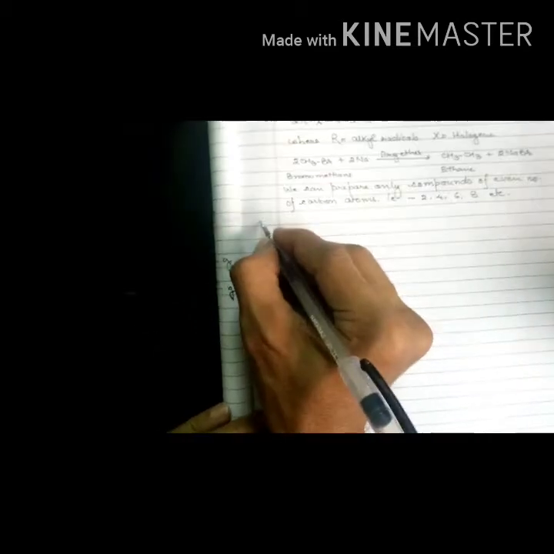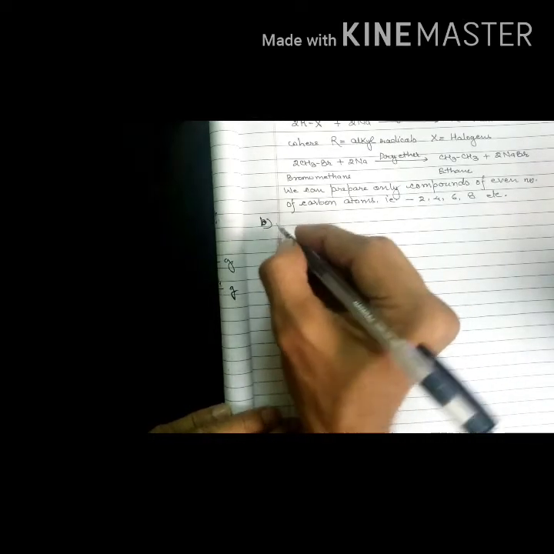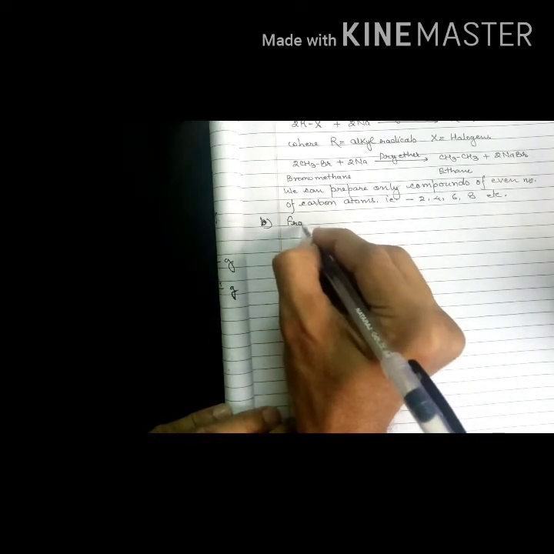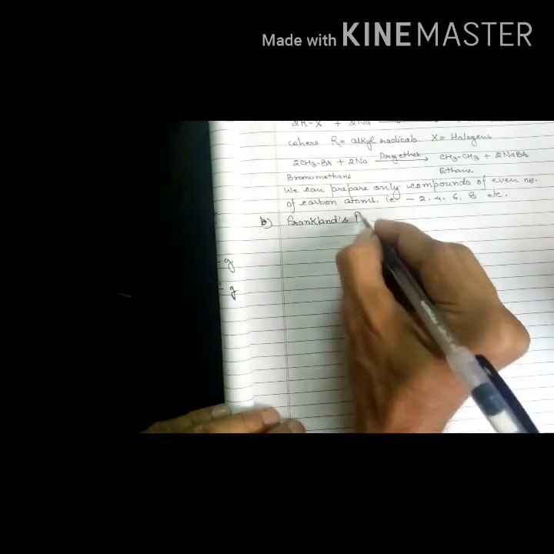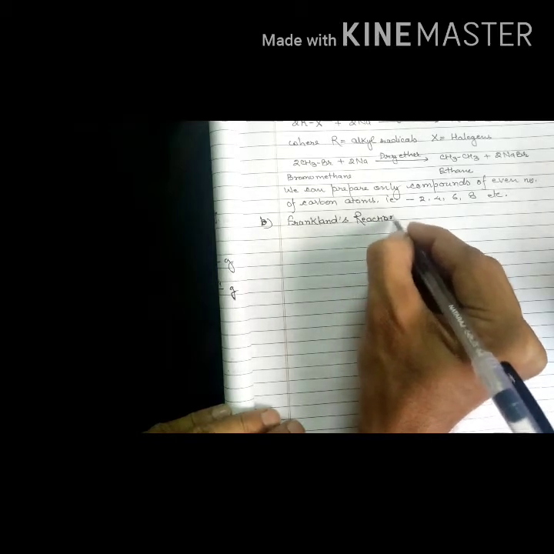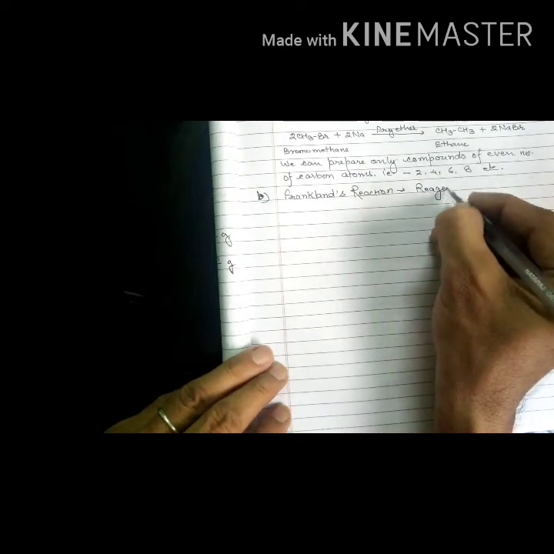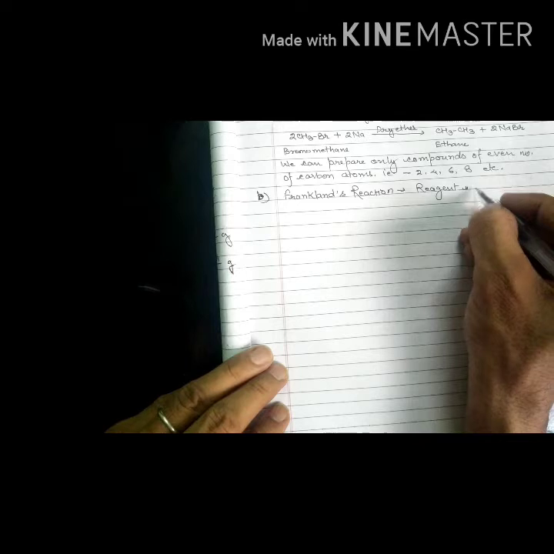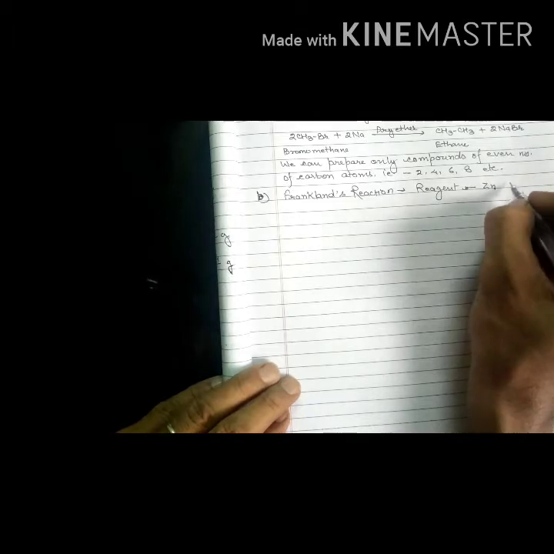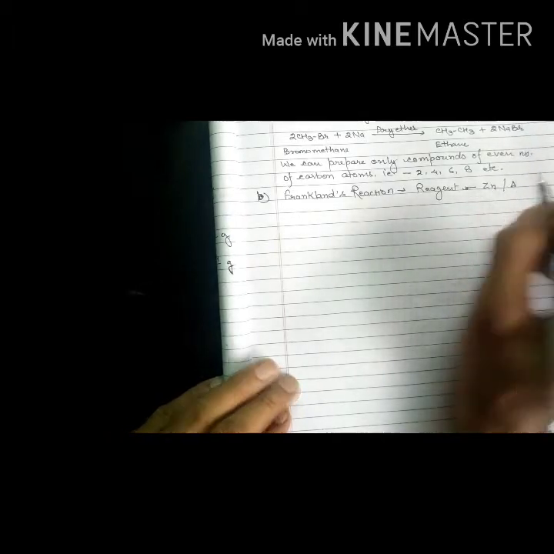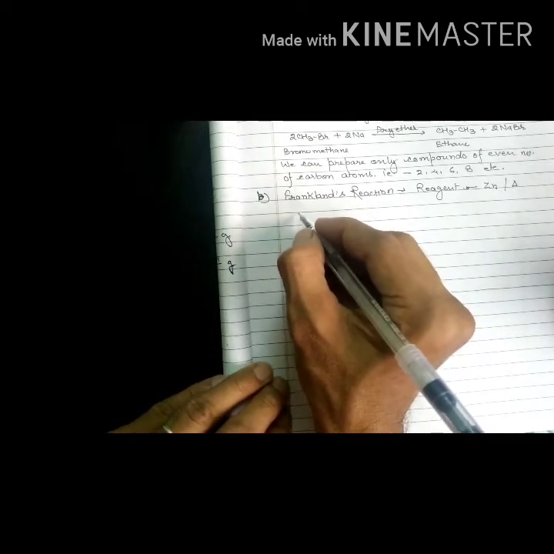The second is Frankland's reaction, in which the reagent is zinc and heating. The reaction is almost similar to Wurtz's reaction.